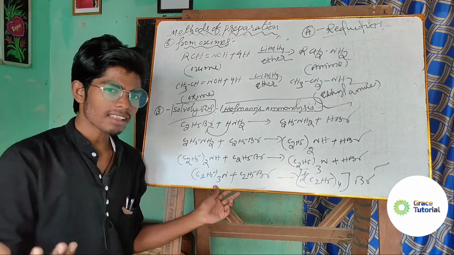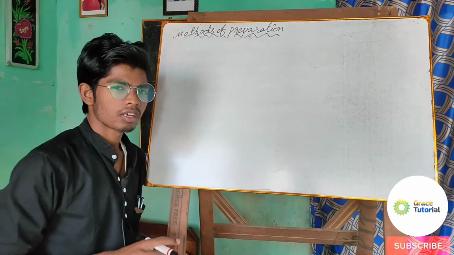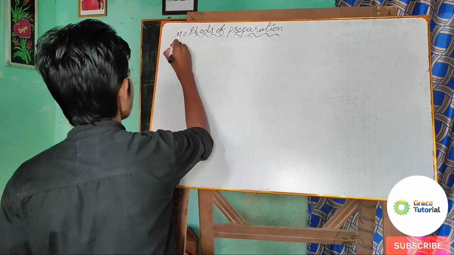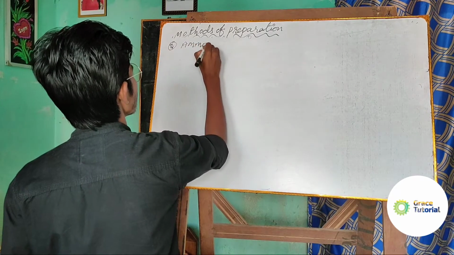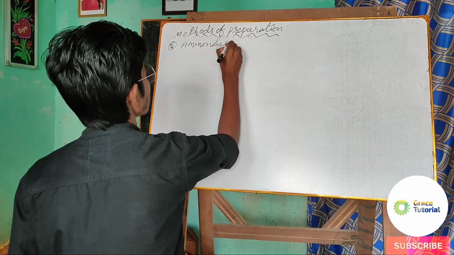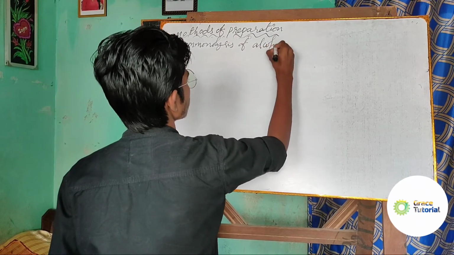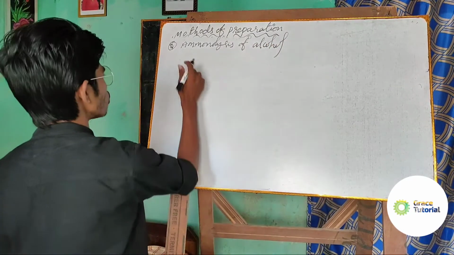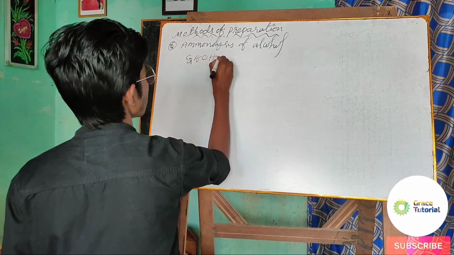Now we'll move on to another method of preparation of aliphatic amines. If we look at the second method, that is ammonolysis of alcohol. Suppose you have alcohol C2H5OH, ethyl alcohol.